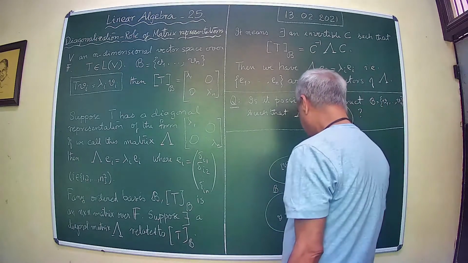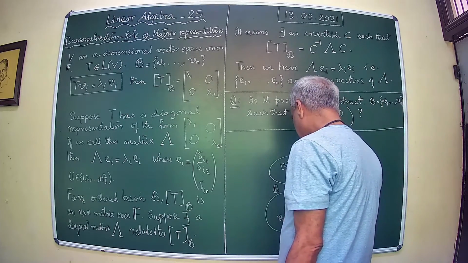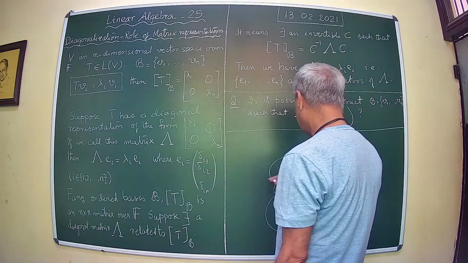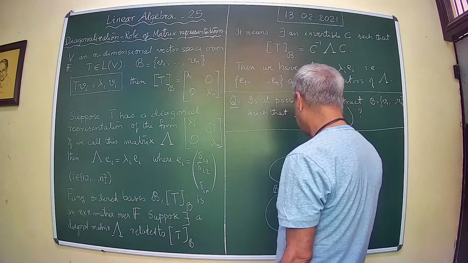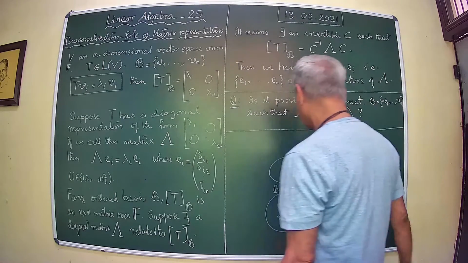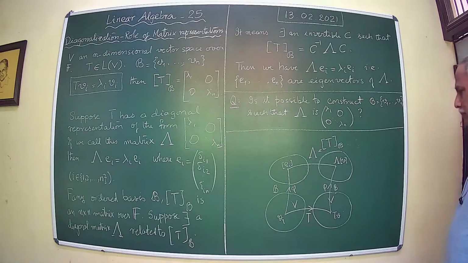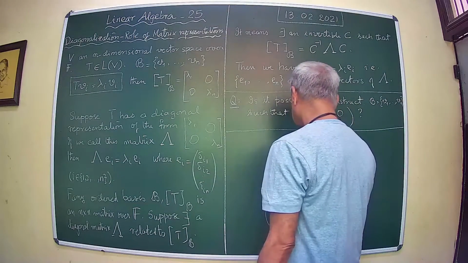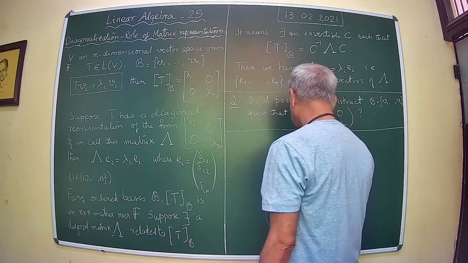So if I take Vi, then what I am getting is Vi under this map. Right.